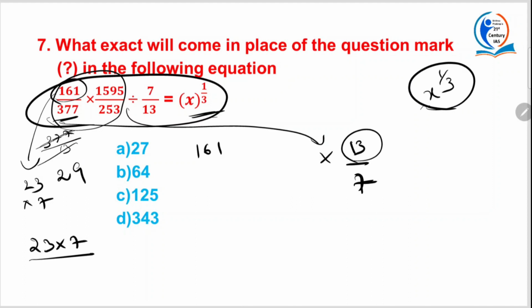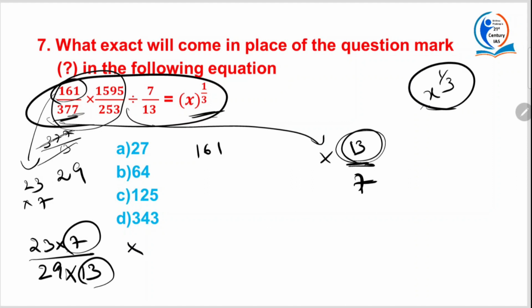So 13 nines are 117. So 29 into 13. Now, how did I get the idea that I have to write it in terms of 7 and 13? Because for simple calculation, here already 13 by 7 is there. So if I write the other numbers also in terms of 13 and 7, you will get simpler equations.